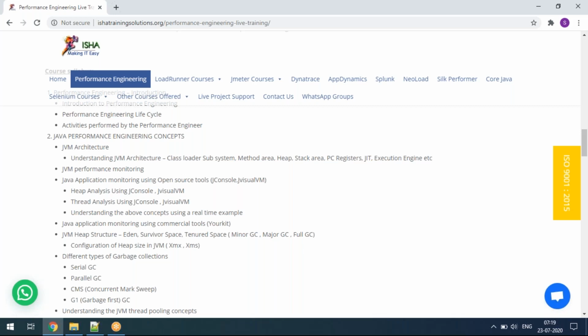Physically you are going to install this profiling tool, physically install the Apache Tomcat server, and then deploy my application, and then I'm going to provide you certain activities. In that you are going to do heap dump, thread dump, and analyze these. So basically that is also going to happen.